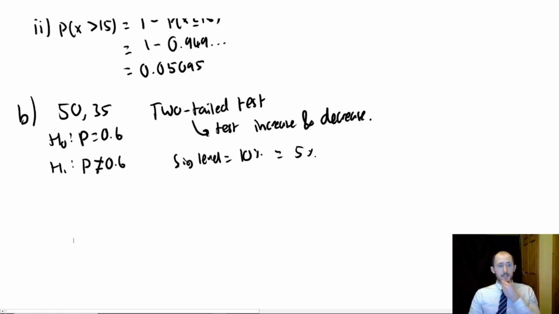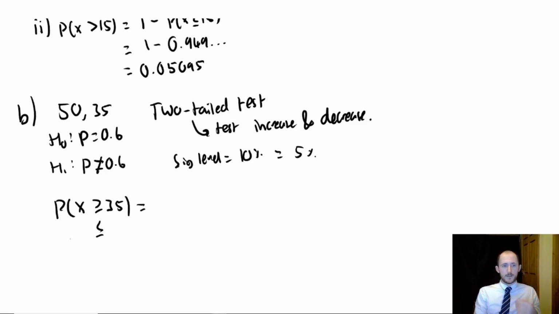Okay, so we do the same thing. So we're going to work out the probability that x is greater than or equal to 35. Technically speaking, you could also work out that it's less than or equal to 35 and do the exact same thing, okay? So you can work out either or. But for this, I'm just going to do it this way just because I want to. But you can do it whichever way you like, okay?